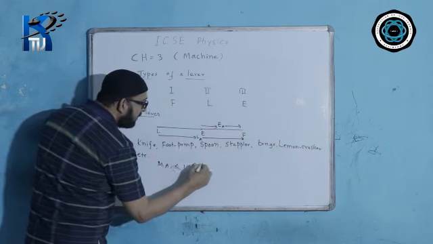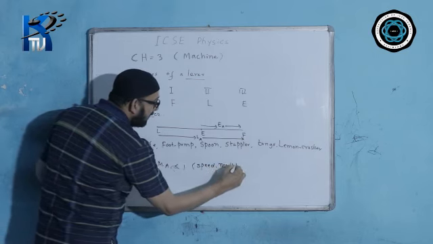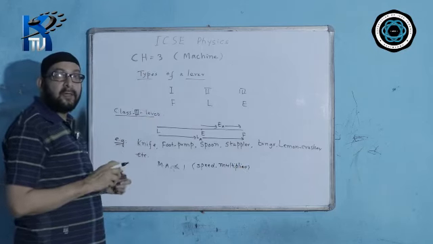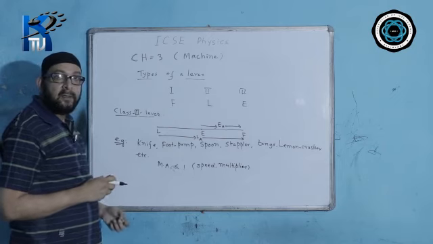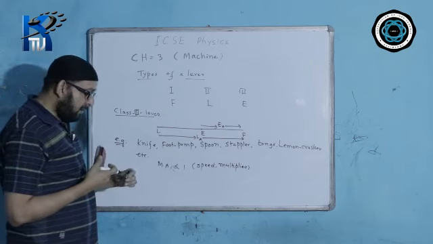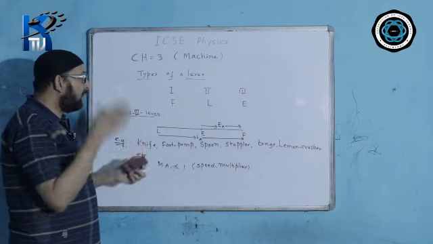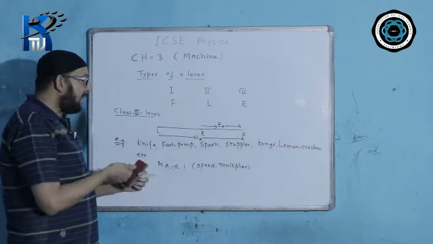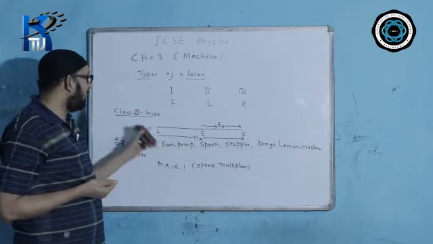That means this class of lever will always behave as a speed multiplier machine. Such a lever is used to gain in speed. So we will give more effort, but we are gaining in speed. If we want to overcome any load faster, or cut faster, we will go for class 3 lever. Even stapling, we can staple many things much faster by using class 3 lever.